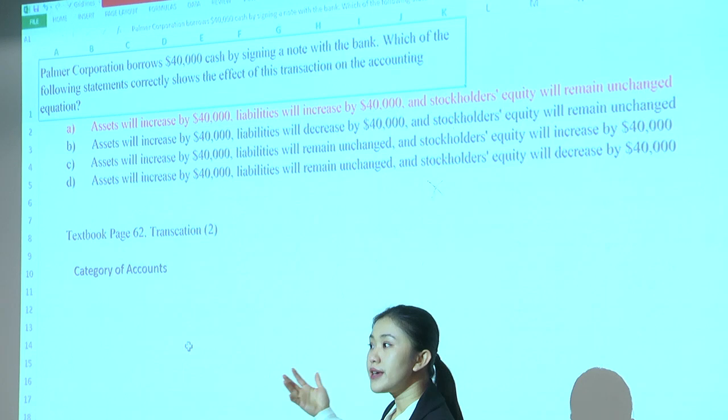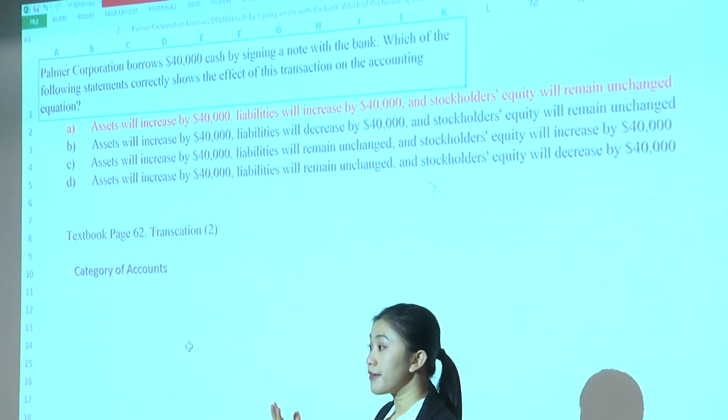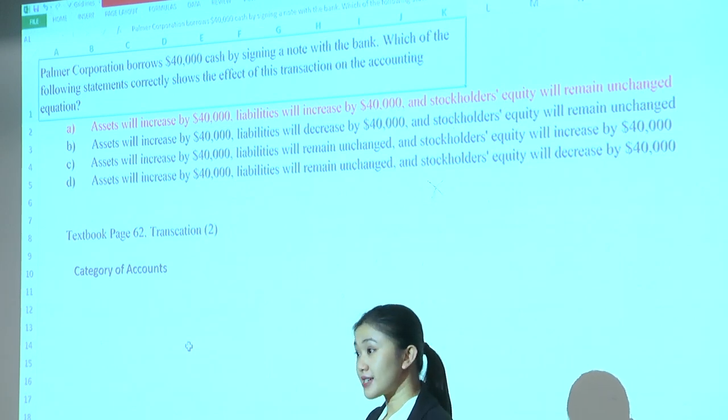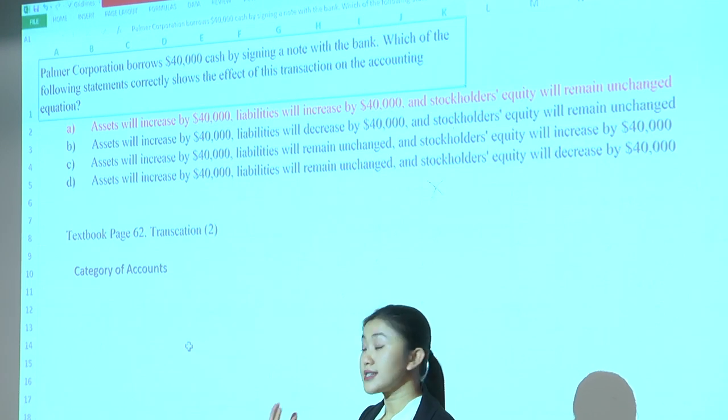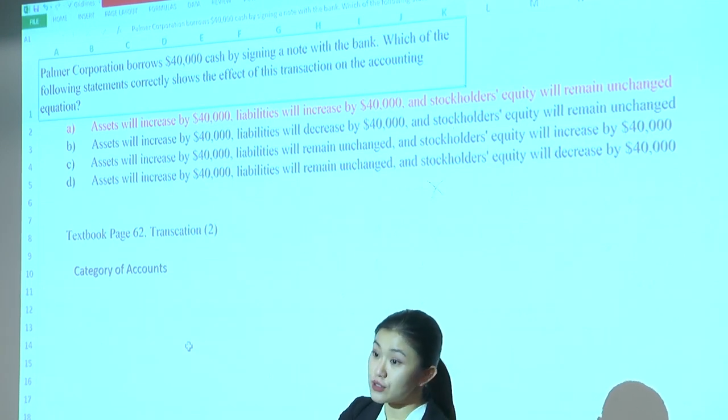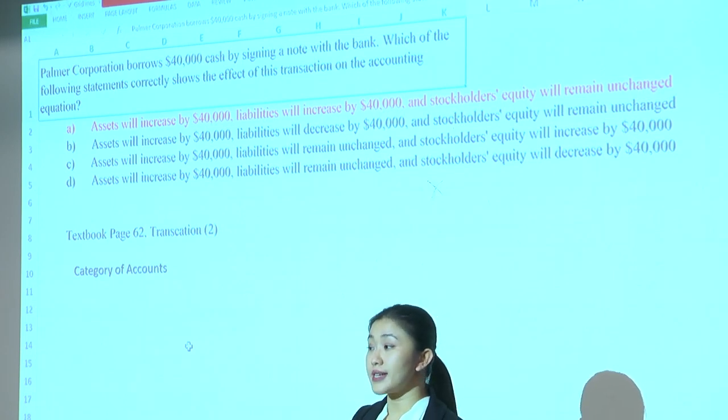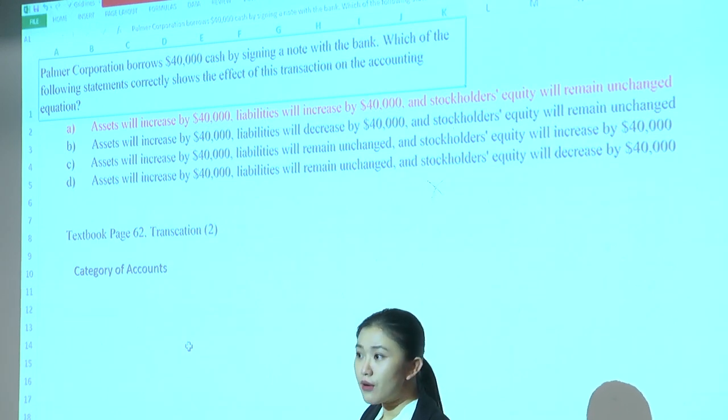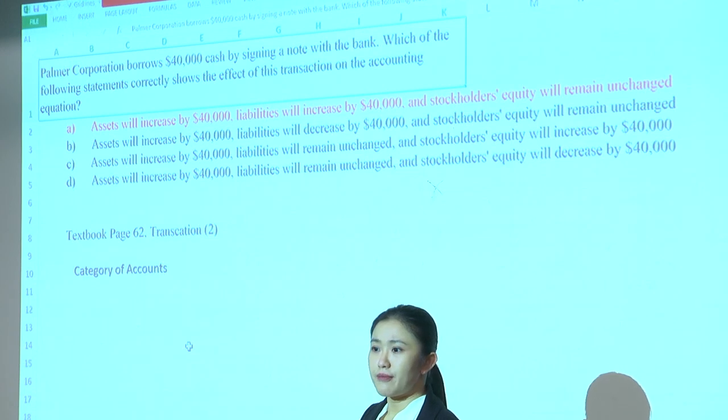Again, we want to reinforce the concept of the dual effect of a transaction. When one transaction happens, because of the design of accounting, we will always have two effects. On one side, we have cash, more resources. On the other hand, who gives us the cash? Is it from our shareholders, which would lead to more common stock, or is it from a debt holder?